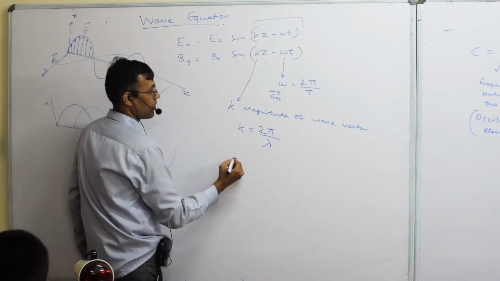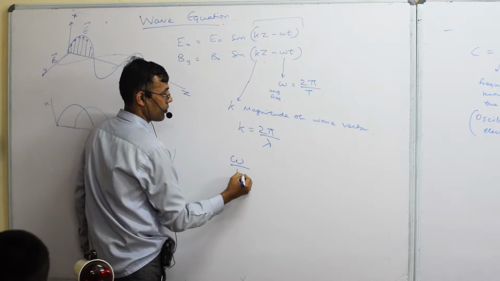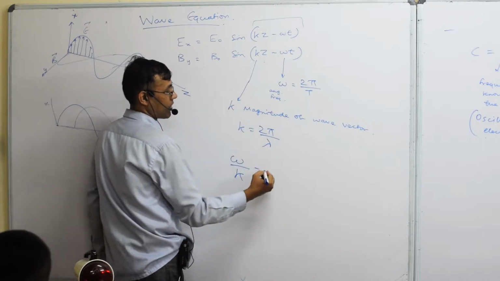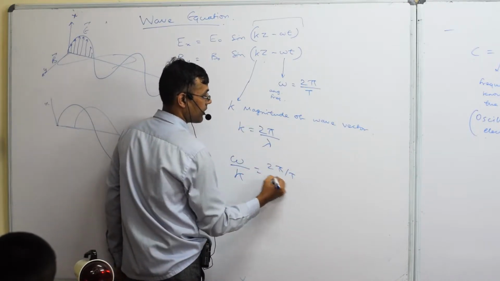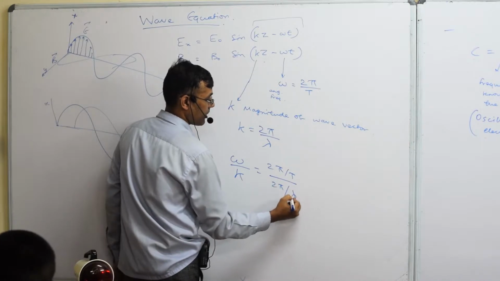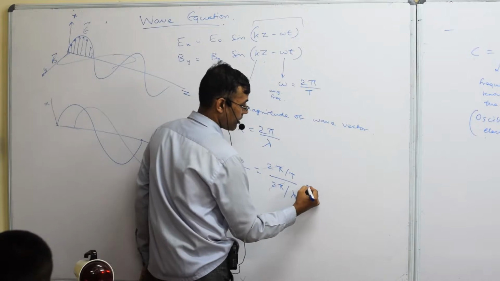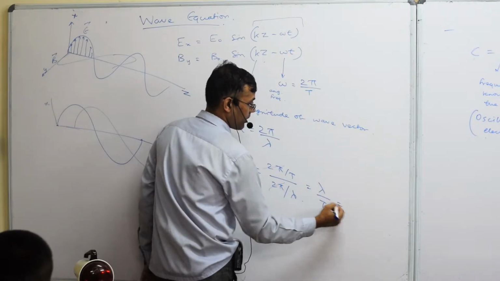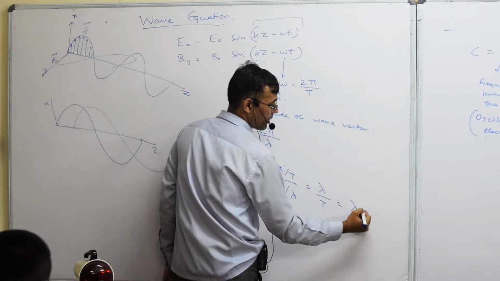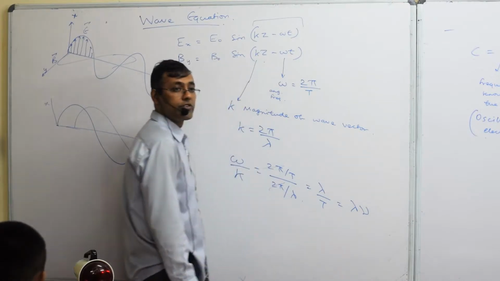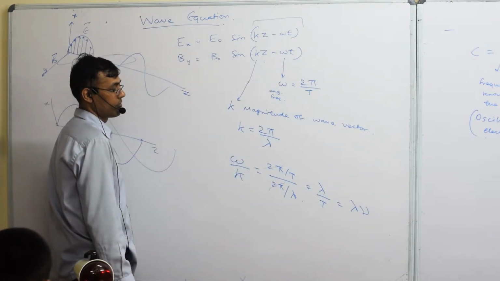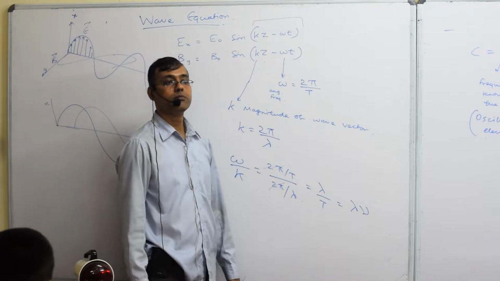So there is a small relationship here. If I calculate omega by k, what will happen? I will get 2 pi by T divided by 2 pi by lambda. So 2 pi cancels, and I get lambda by T. This is 1 by T, and 1 by T is your frequency. So what is lambda into nu?